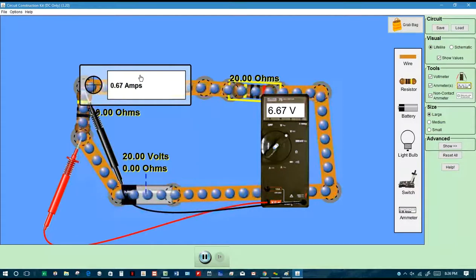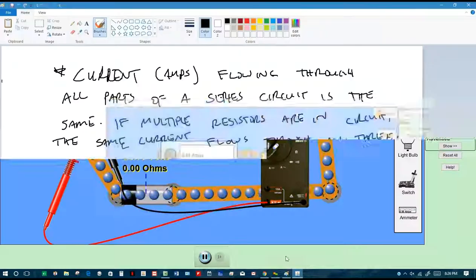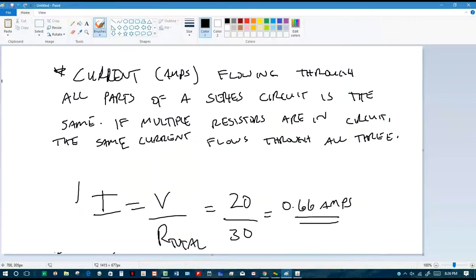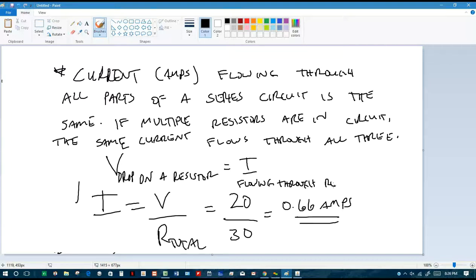So let's go over and show this idea that you can now use V equals IR, that the voltage drop on a resistor is equal to the current flowing through the resistor multiplied by the resistance of that resistor.